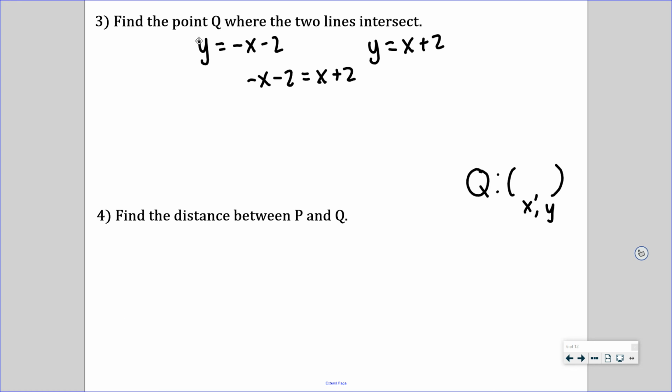Solve for x first. Where'd you get for x? You can plug it back into either equation.